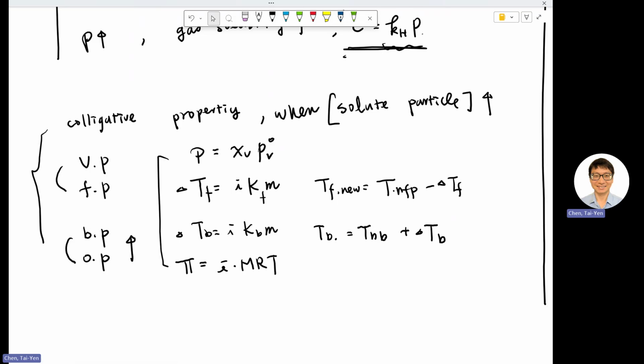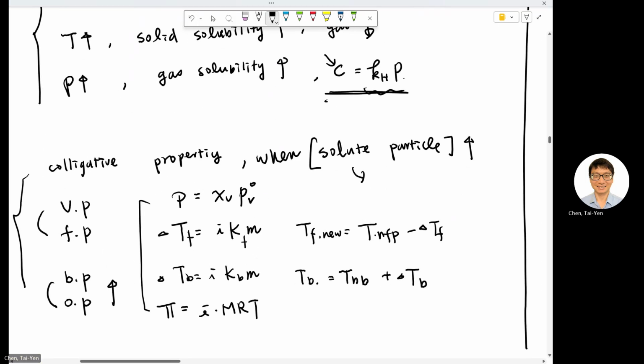Okay, so the way you should understand and memorize is that here we need to actually calculate the effective concentration. When I say the effective concentration, it means you need to consider both the van't Hoff coefficient i multiplied by either the molality or molarity, or concentration in general.